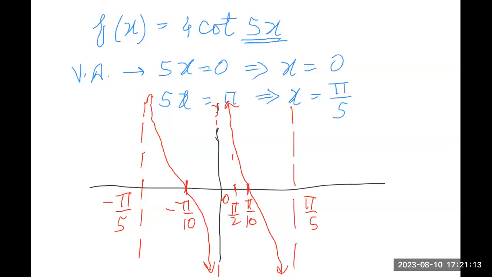So you go up to the graph, and then you turn towards the y-axis, and that's equal to 4. On the other side, at negative pi over 20, the value would be negative 4.